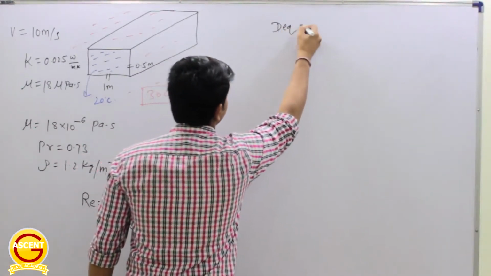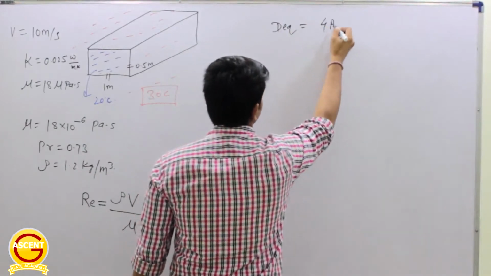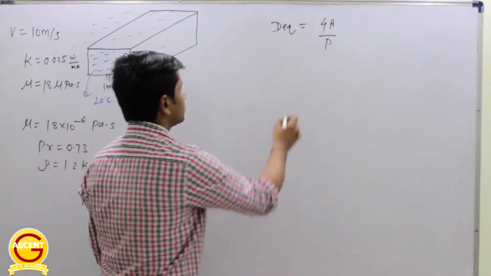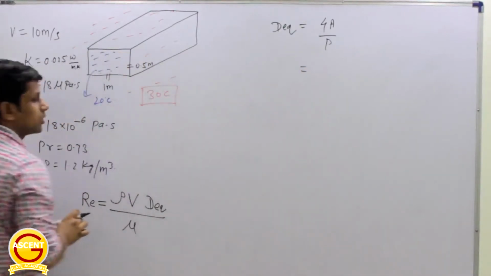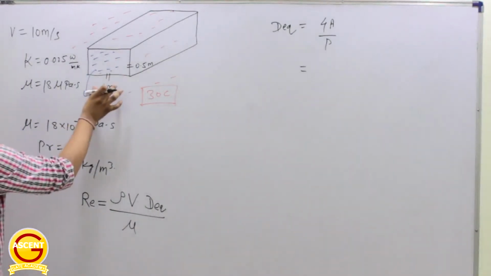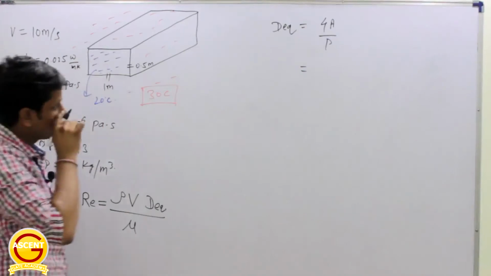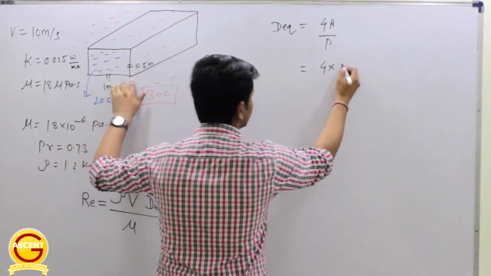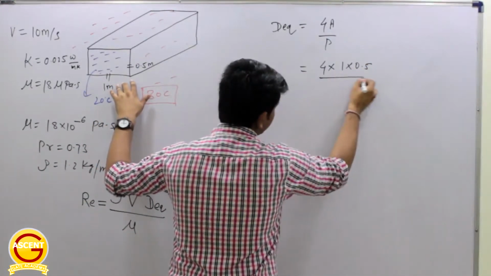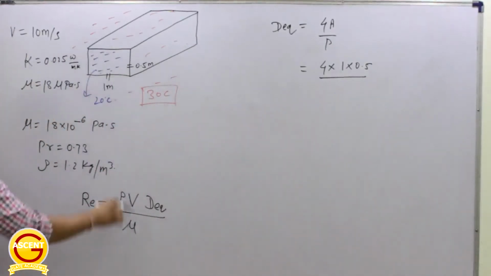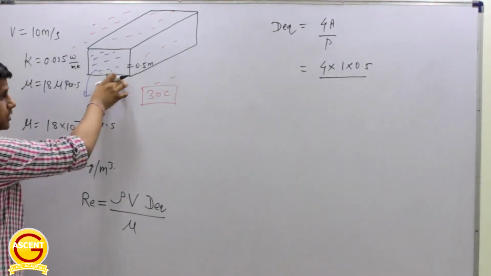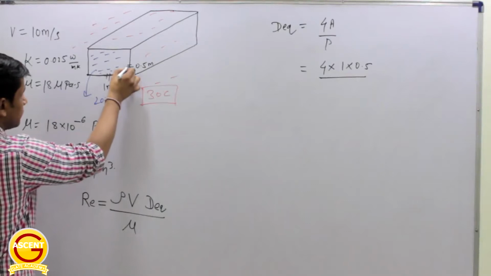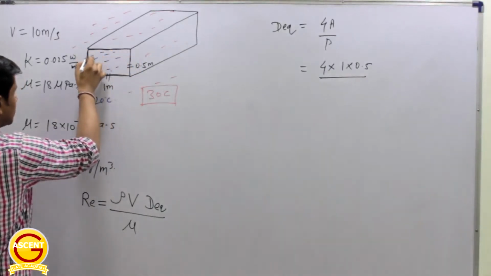We know D equivalent is 4A by P, where A is the cross sectional area and P is the perimeter. For this rectangular cross section, the cross sectional area will be 1 into 0.5, the multiplication of two sides. The perimeter will be 2 into (1 plus 0.5), as we sum all the sides: 1 plus 0.5 plus 1 plus 0.5.